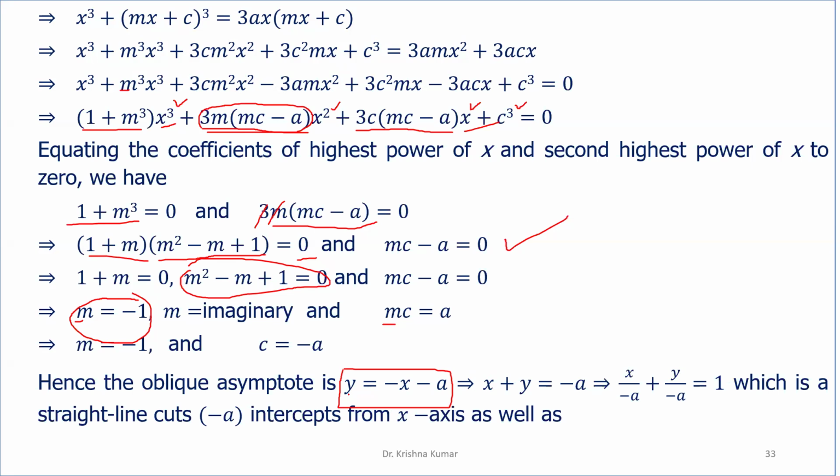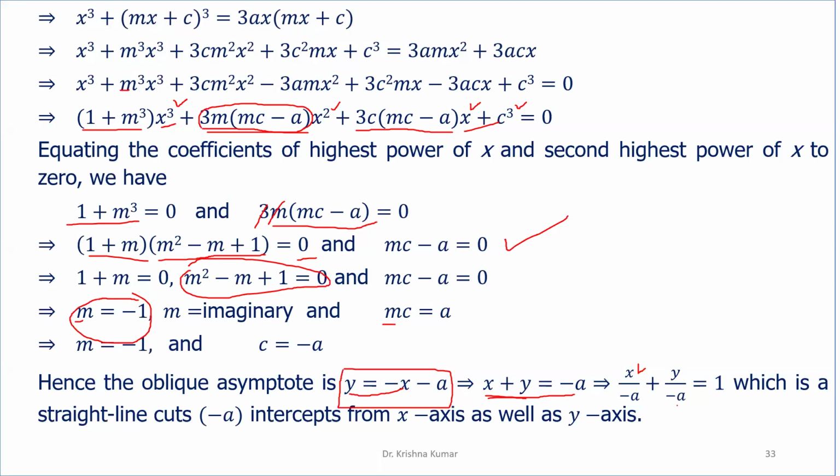Now this y equal to minus x minus a can be written as, let us transpose this x to this side, x plus y equal to minus a. And if we divide the whole equation by minus a, it can be written as x upon minus a plus y upon minus a equal to 1, which is a straight line that cuts minus a intercept from the x-axis as well as the y-axis.